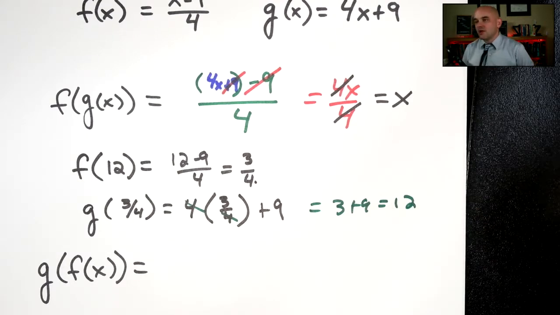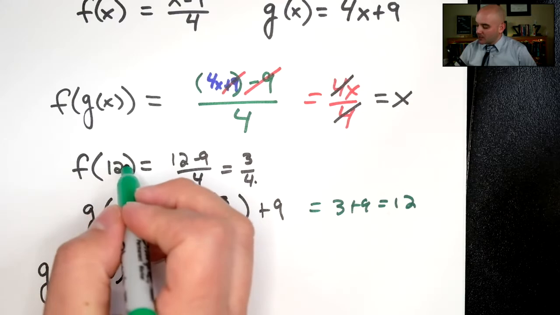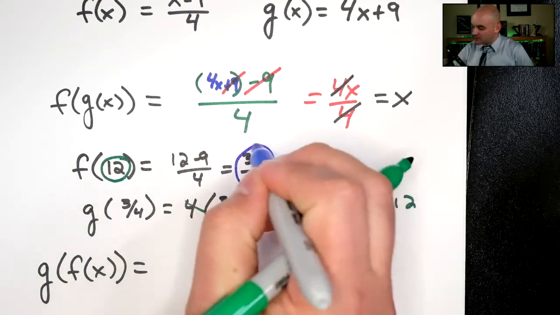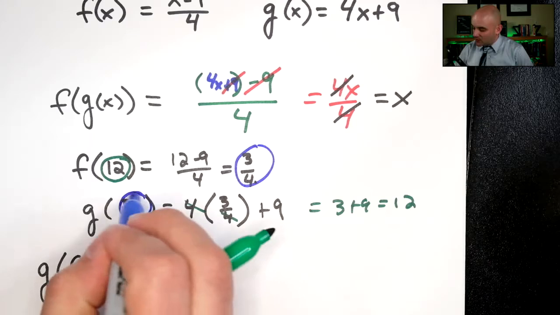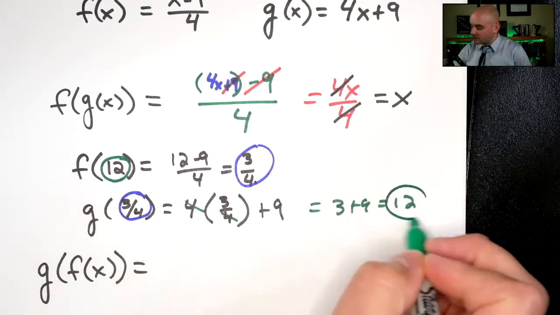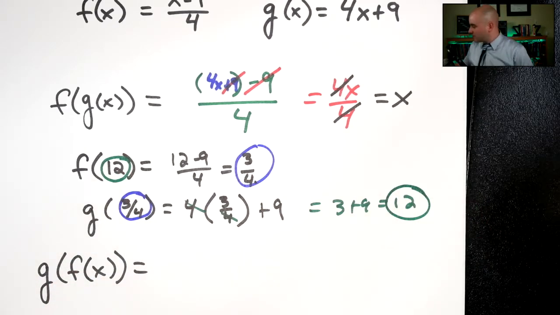And this is what I mean when I said that they undo one another. When I put 12 into this function, out pops 3/4. When I put 3/4 into the g function, it takes me back to what I originally put into the f function, 12 there. Just like when we had x squared a moment ago.